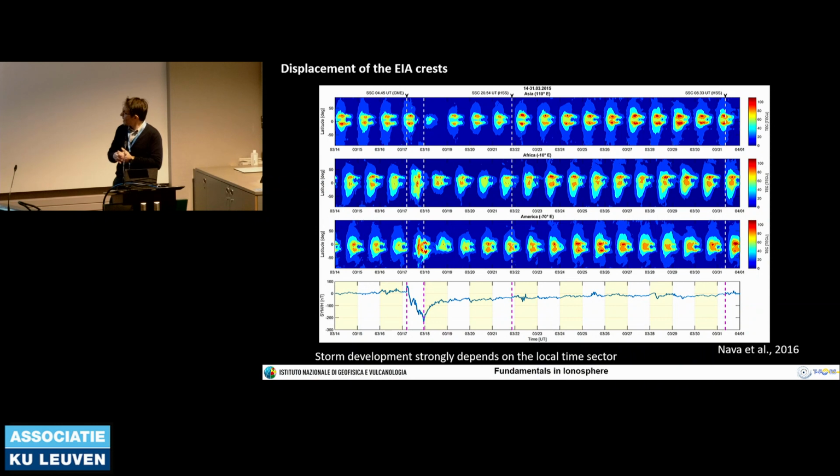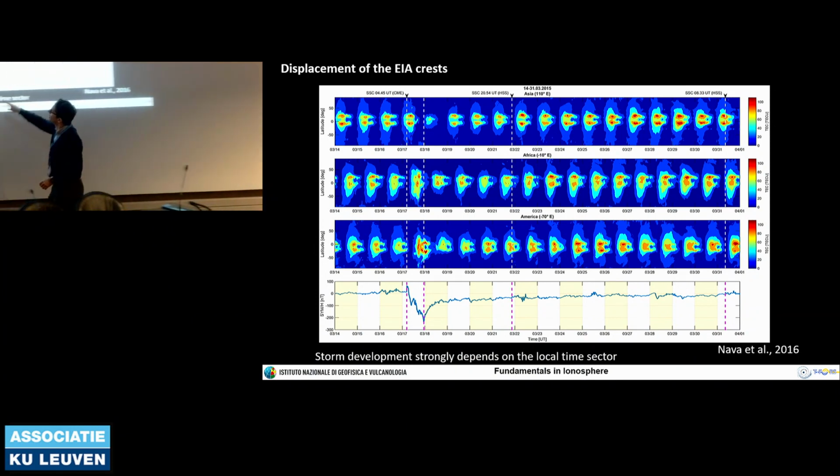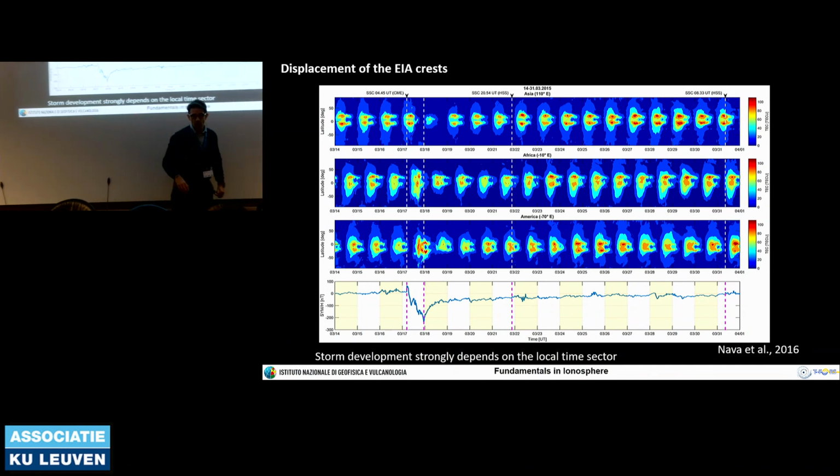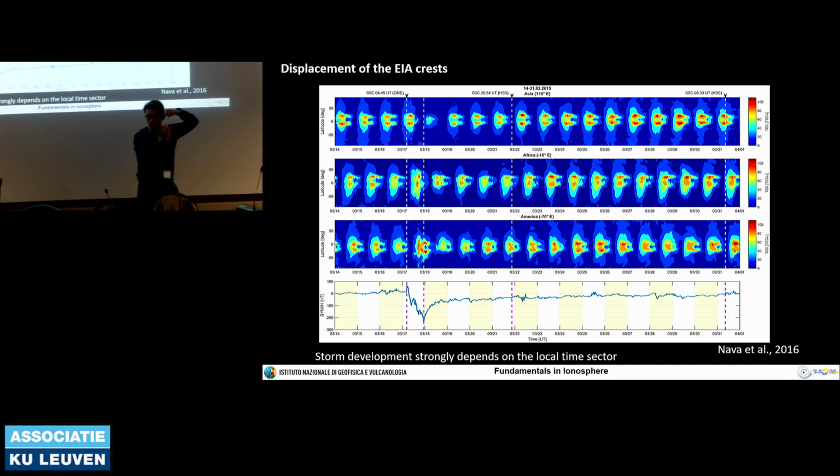This is a very nice example from a paper by Bruno Nava and other colleagues. These are three geographical sectors, three longitudinal sectors: Asian sector, African sector, American sector, and this is the TEC as a function of time and latitude for those three sectors. You may recognize before the storm, quite nicely, the signature of the crests of the equatorial anomaly.